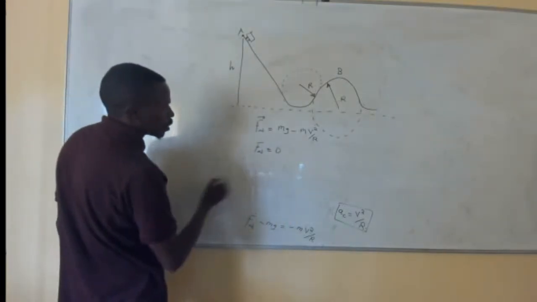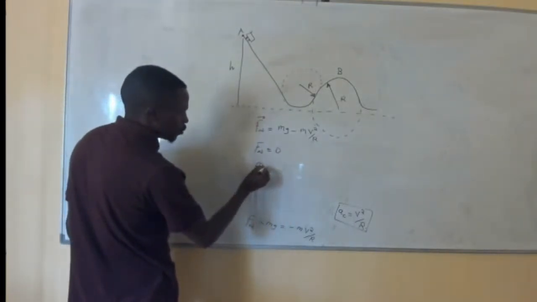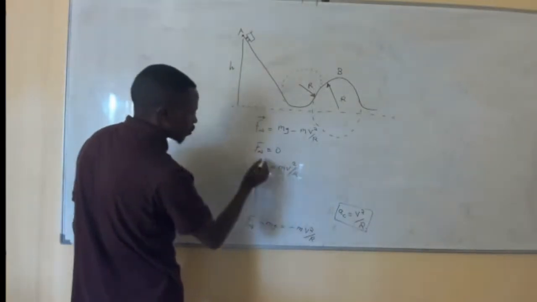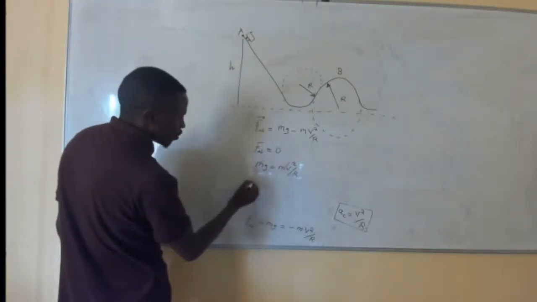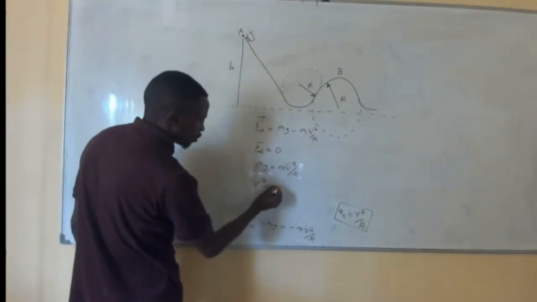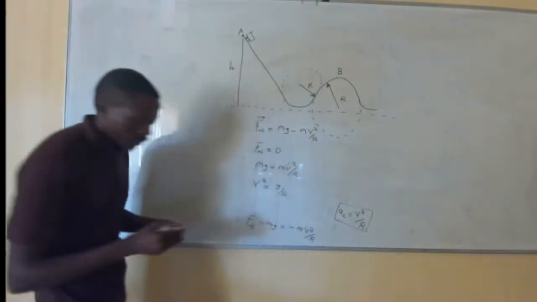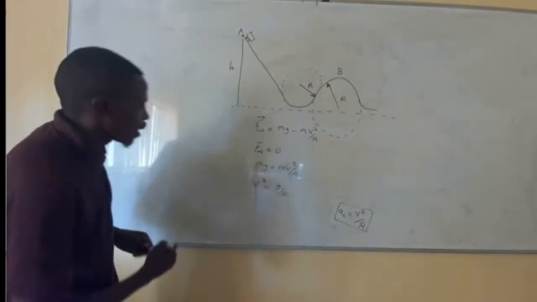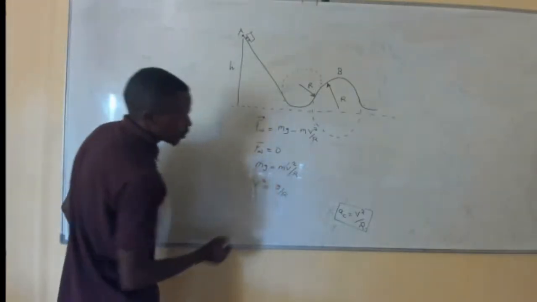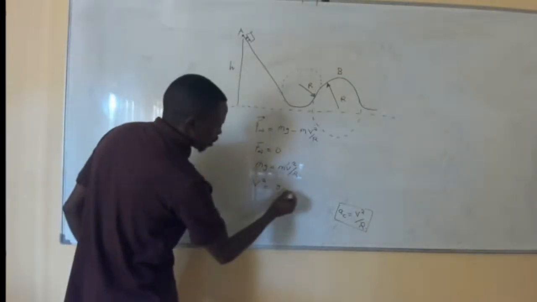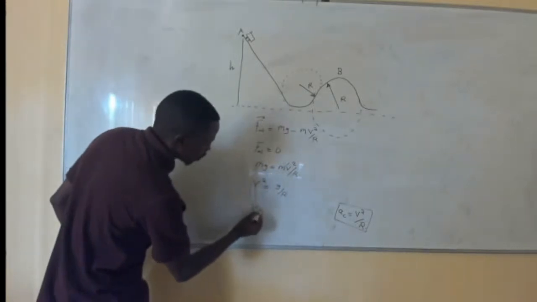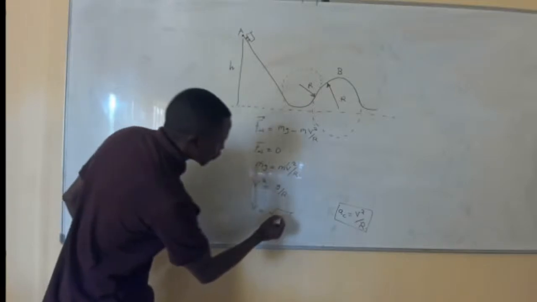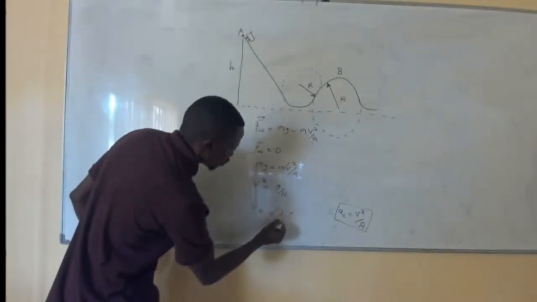Therefore, we know that mg is equal to m v squared over r. If we cancel out the m's, we will remain with v squared is equal to g over r. Or if we want, we can say v is equal to square root of g over r.